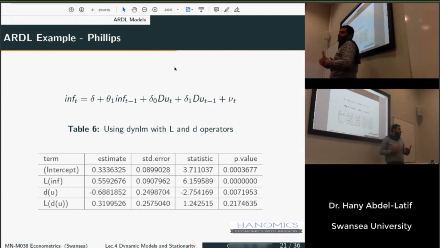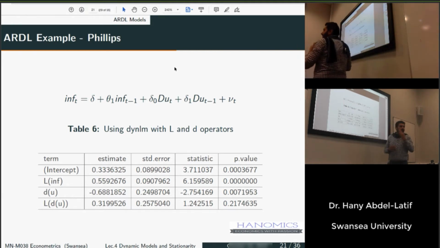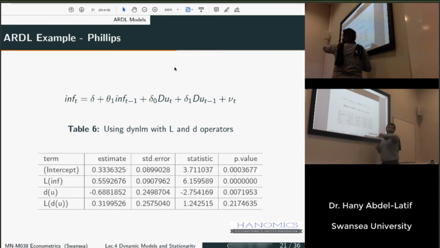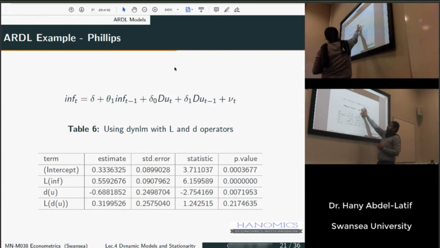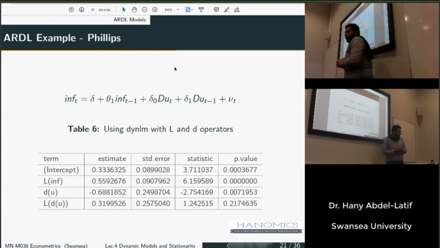So this is a very simple ARDL model. We have one lag, p equal 1, so the number of lags for Y is only 1, and we have one lag for X, so it's ARDL 1 1, p equal 1 and q equal 1. That means one lag for the dependent variable Y and one lag for X.